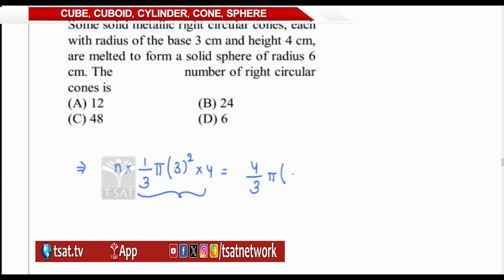Here radius is 6, therefore 6 cube is 216, or else take it as 6 into 6 into 6. Pi by 3 cancel. 9. 3 twos, 3 twos. 4 cancel. Now n is equal to 4 into 6, 24. Therefore 24 such cones are needed.